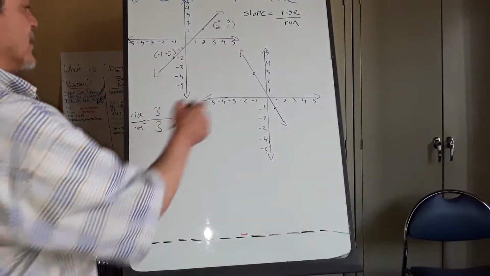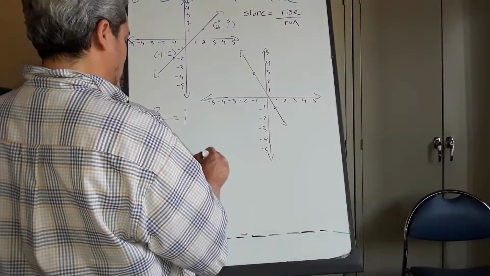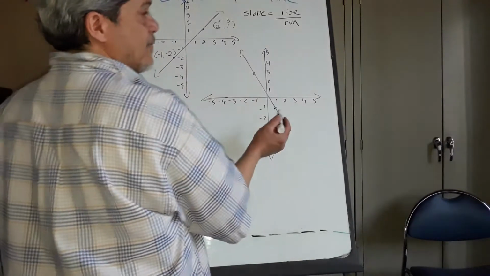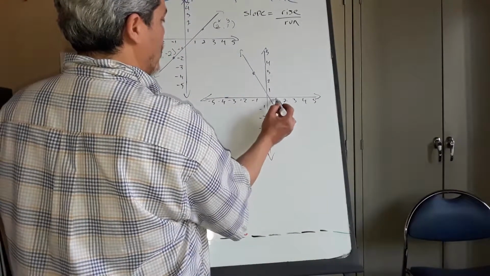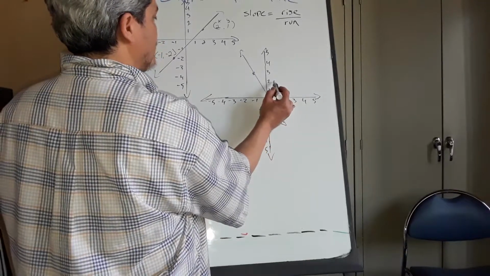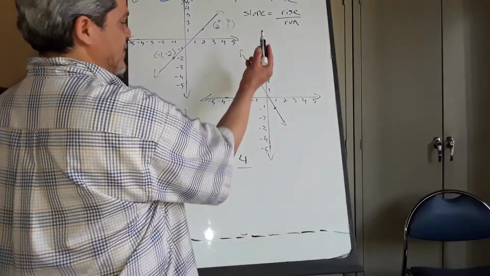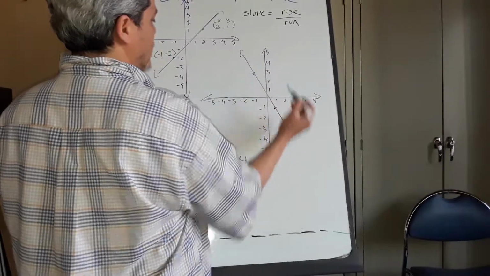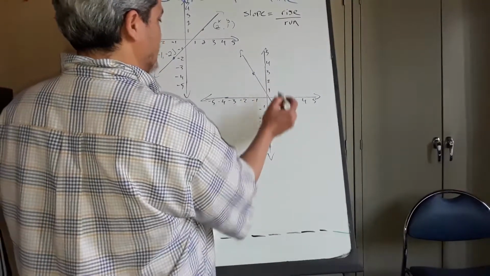Okay, so let's do the slope here. Rise over run. To get from this point to this point, we go 1, 2, 3, 4. So our rise is +4 because we're going up. And then to the left, it's going to be negative because we're going to the left.